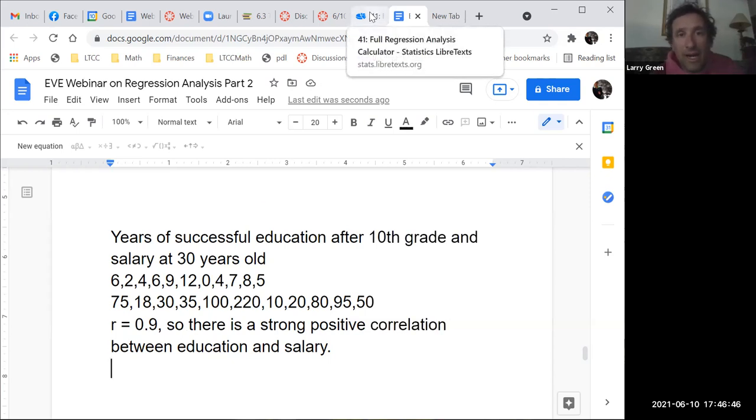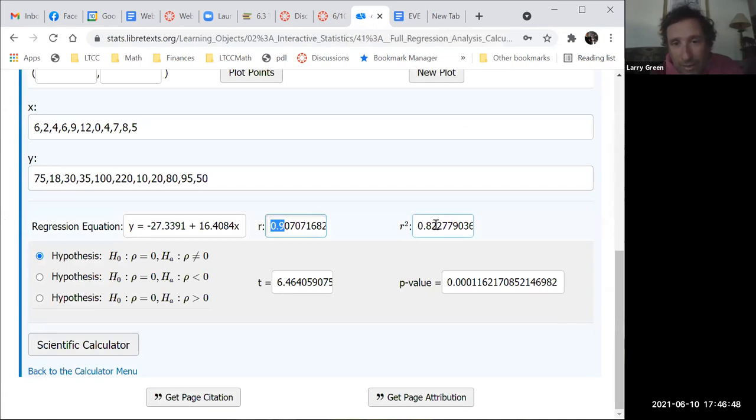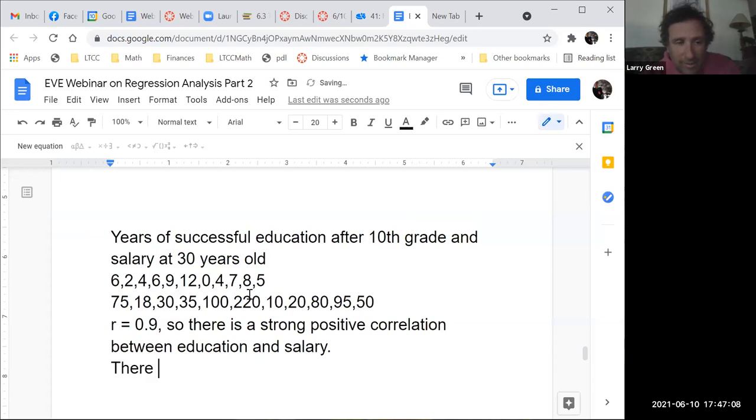Okay, now R squared, I like to go 2 decimals because then you can talk percents, is about 82%. So you're right to say 82% of variance in similar groups, but let's go context of the question. So I like to start out by saying there is a large variation in salaries.